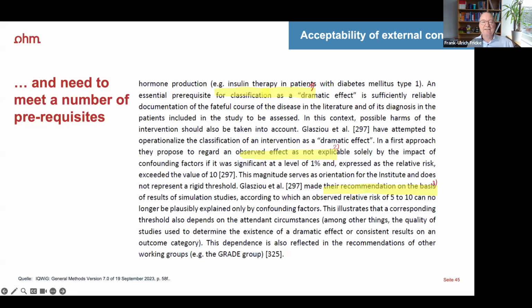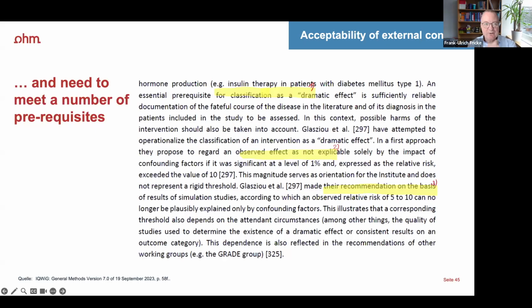And I see the highlights are a little bit in different places here, but for that classification, one important aspect is the fateful course of the disease. That is important.